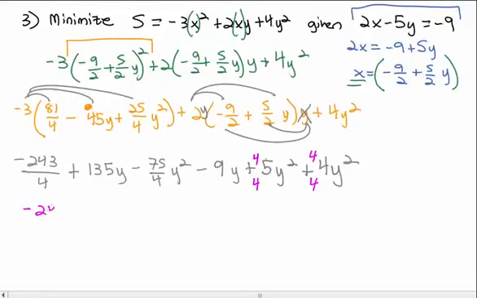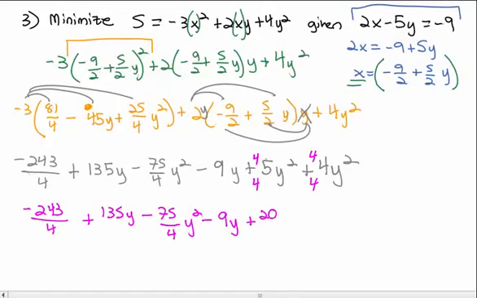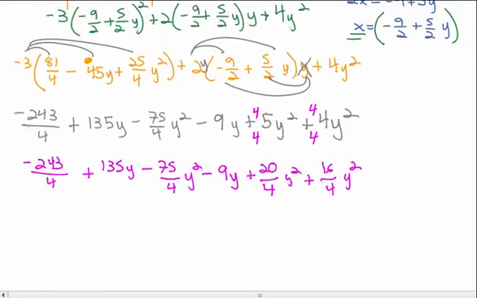It's going to give us negative 243 over 4 plus 135y minus 75 over 4 y squared minus 9y plus 20 over 4 y squared plus 16 over 4 y squared. Now when we add the y squareds together, we've got a common denominator, so we can add the numerators: negative 75 plus 20 plus 16.